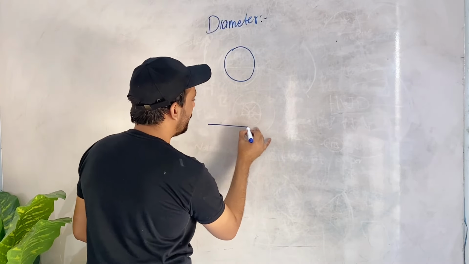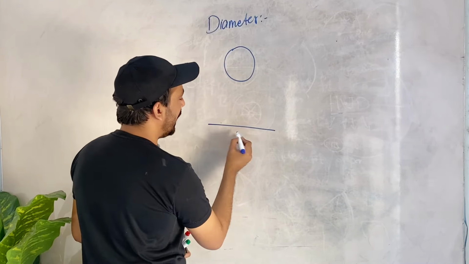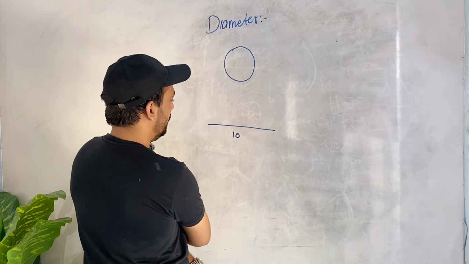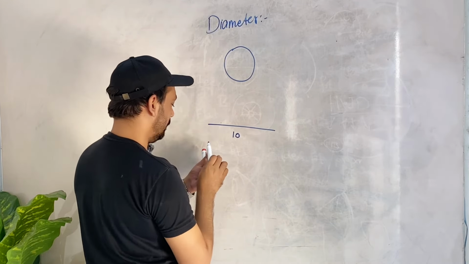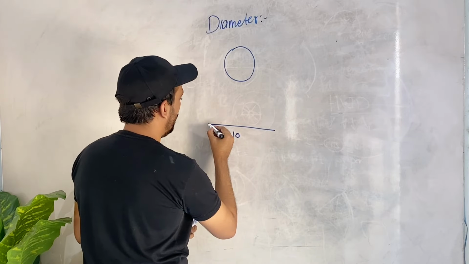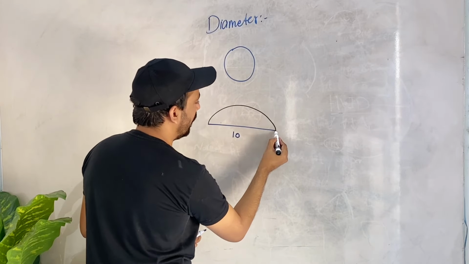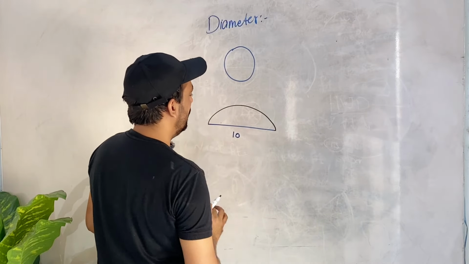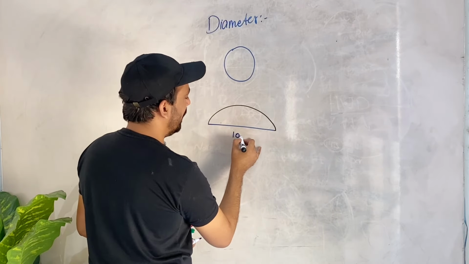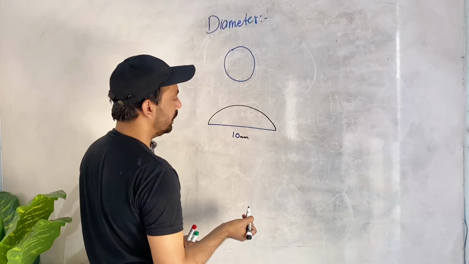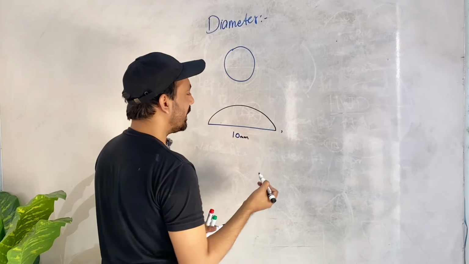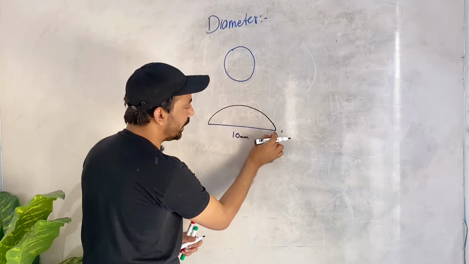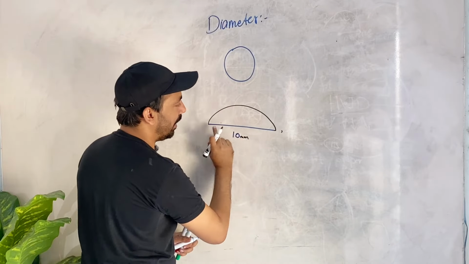For example, this is the contact lens, and this line is called the diameter, and the value of the diameter is 10 millimeter right now. If I increase the diameter, this line is actually representing the diameter.